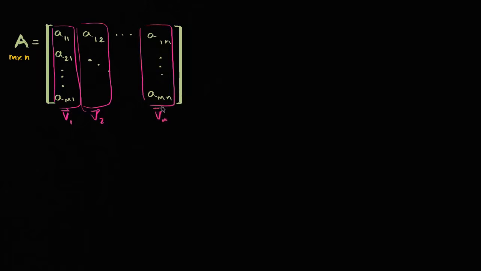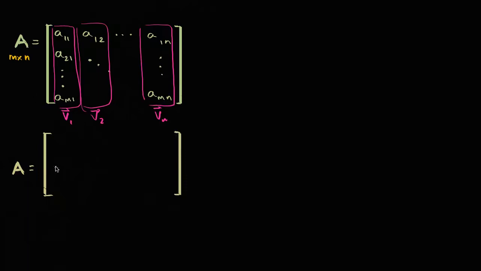And so we could rewrite the matrix A, the m by n matrix A. I'm bolding it to show that that's a matrix. We could rewrite it by drawing my little brackets there, and just expressing it in terms of its column vectors.